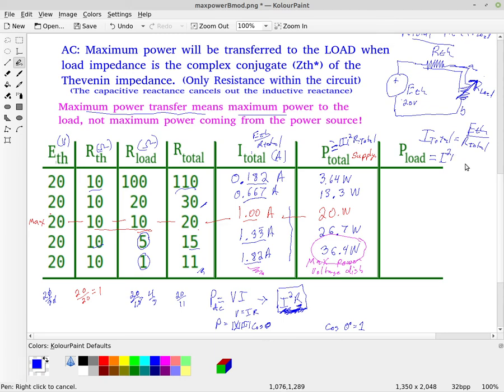So we're going to look at the first example here. The load is really big. It's 100 ohms. The load over here is 100 ohms.